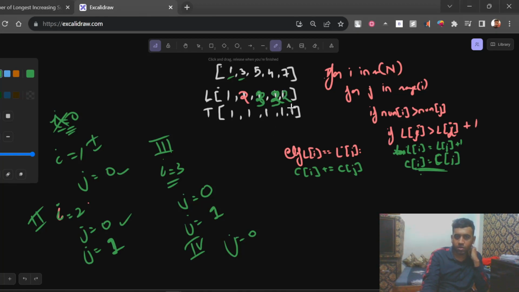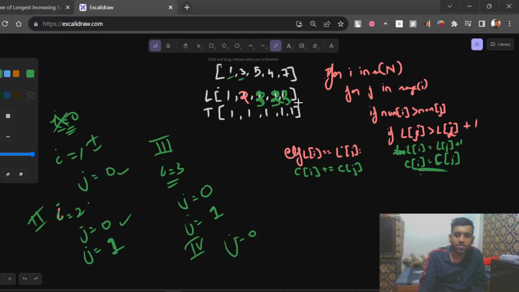Firstly, it will become 2, as 7 is greater than 1, and this will become 3 later when j is at 2, because 7 is greater than 3 as well. But in the next part, 7 is greater than 5, yes.